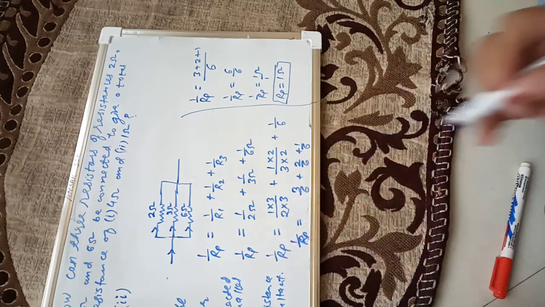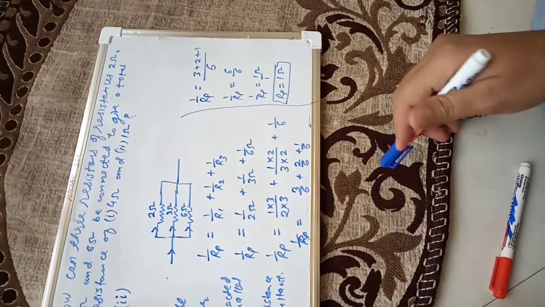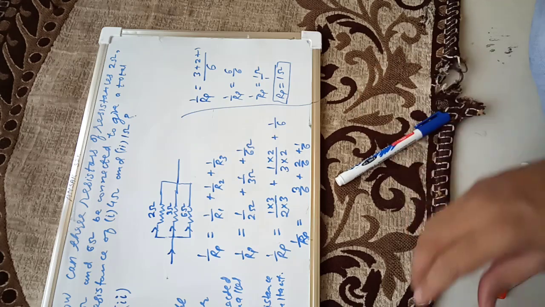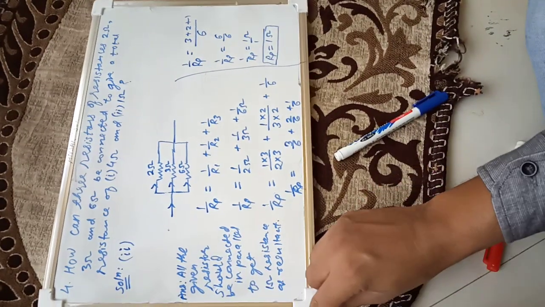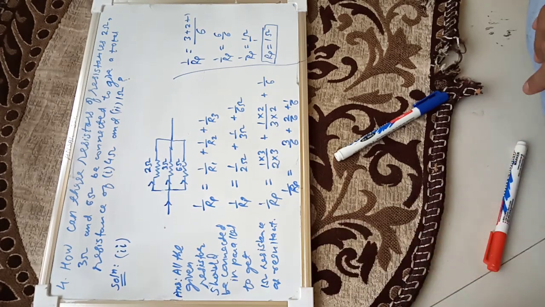So if you want to get 1 ohm resultant resistance, we will have to connect all the three in parallel. Pause the video and note down the solution. This is how we have solved the fourth question.